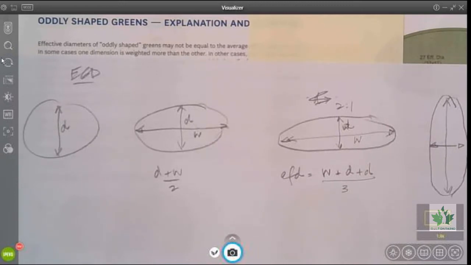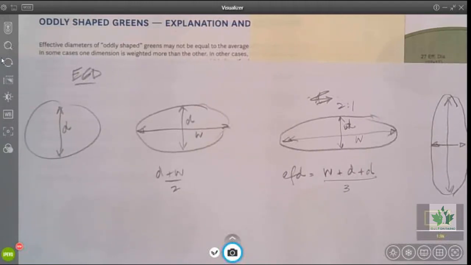If you take a look at the results that you get when you use this weighted average and compare them with the results that you get if you didn't cotton to the fact that it should have been a weighted average, you took a simple average, then you'd find that the effective green diameter for the weighted average is considerably lower than the simple average, as it should be, because these are harder to hit.